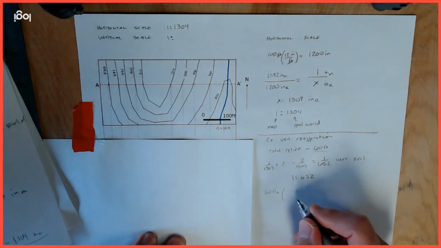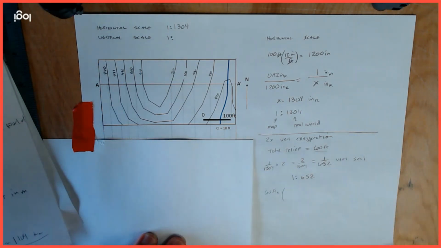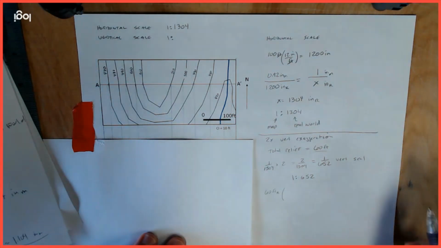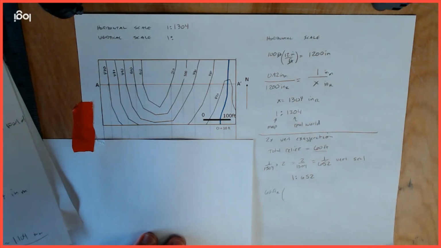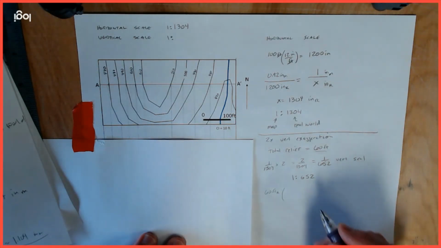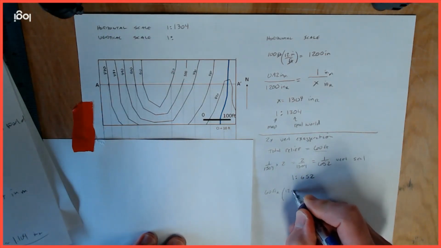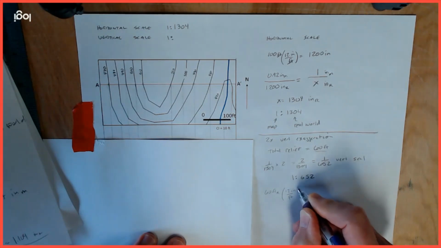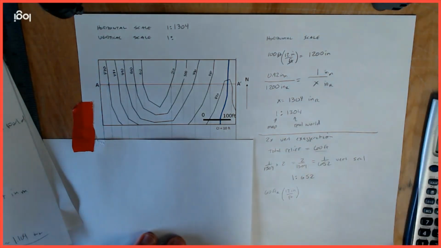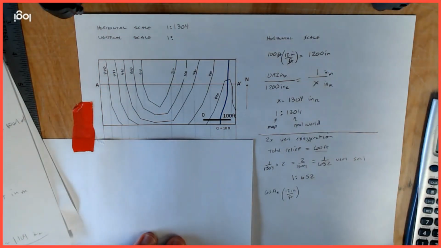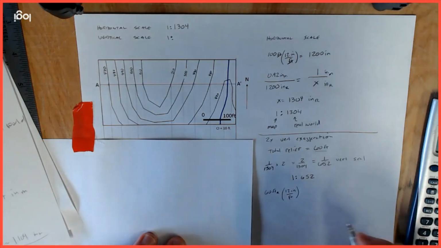So we're going to have to convert those feet into inches, right? So 60 feet times 12 inches per foot is 720.